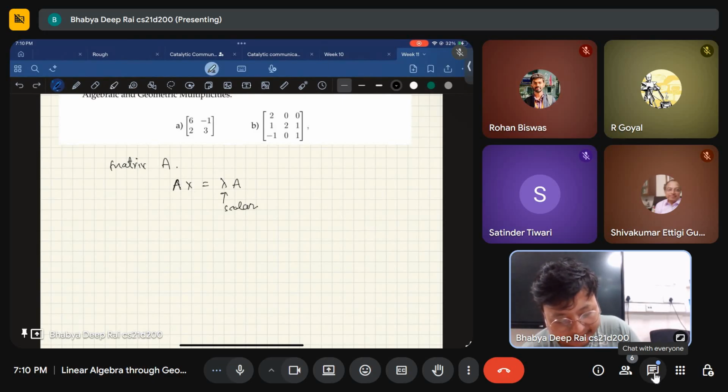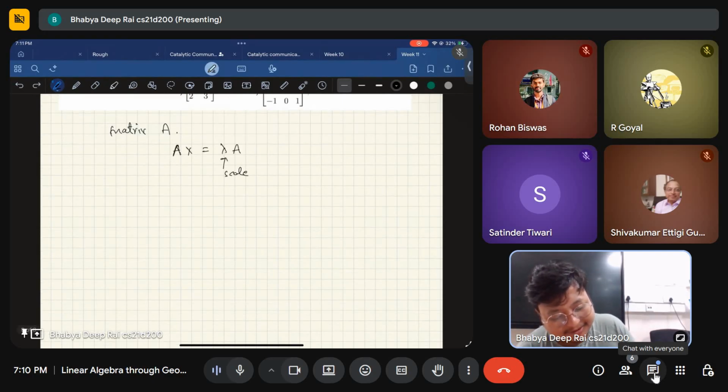Applying A on the vector x will only scale it and not change its direction. And so what do you do to compute eigenvalues? You do determinant of A minus lambda I equals 0.